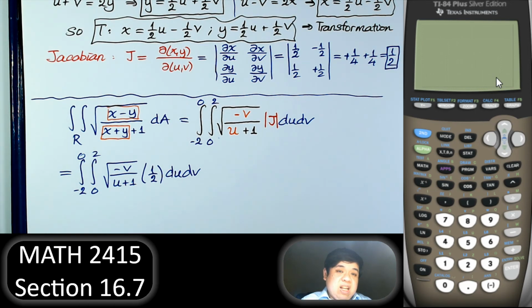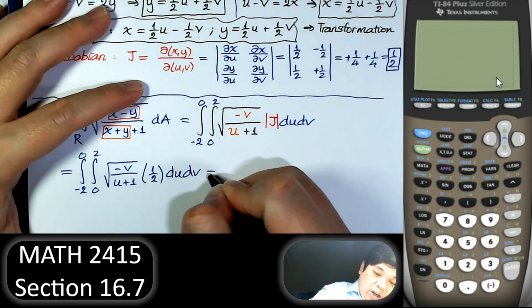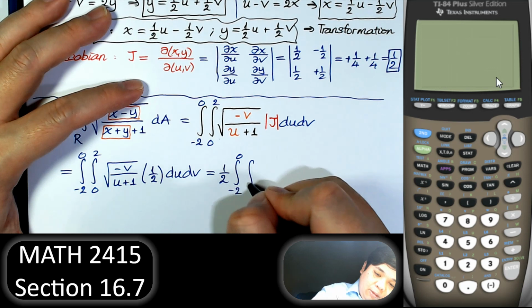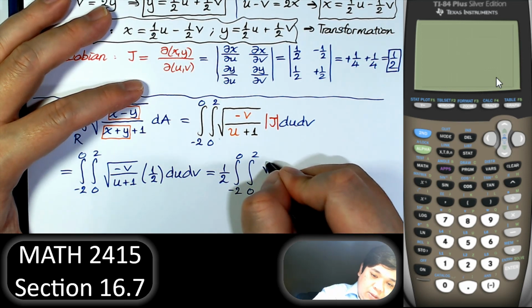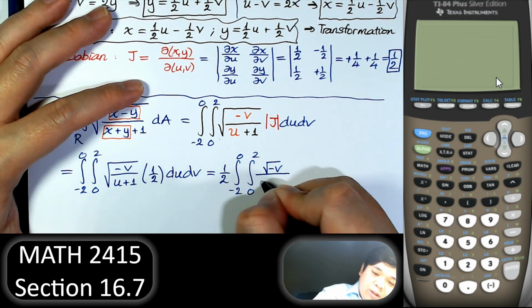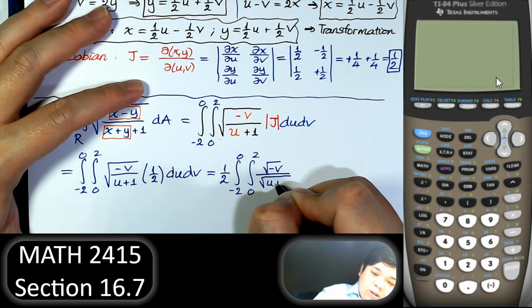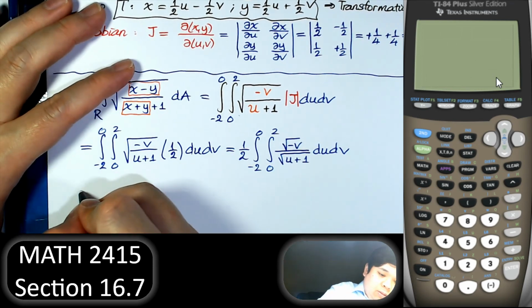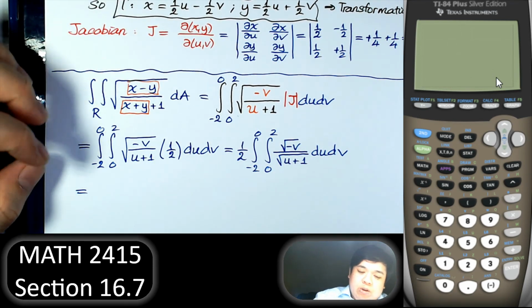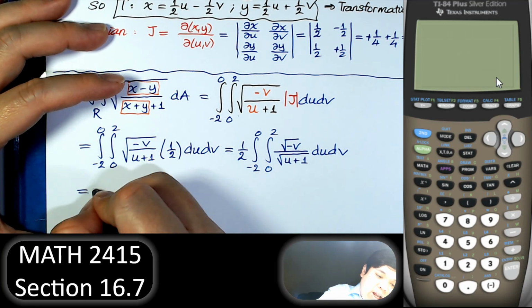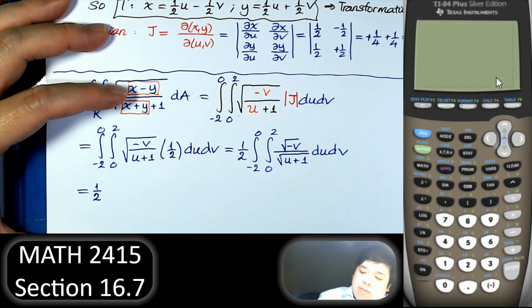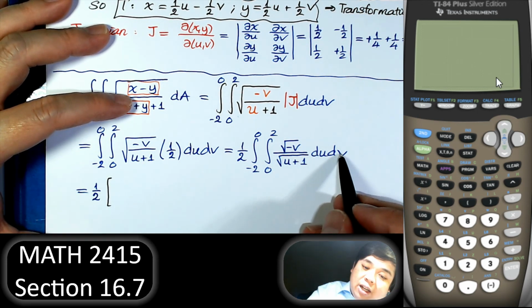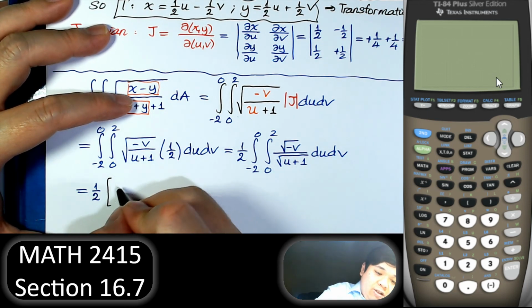Not yet, but I can certainly bring the 1/2 in front. Split the square root. Now let's group all the u together and all the v together. We have 1/2, and the v that goes from -2 to 0.